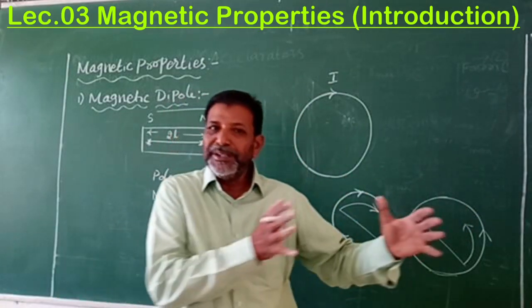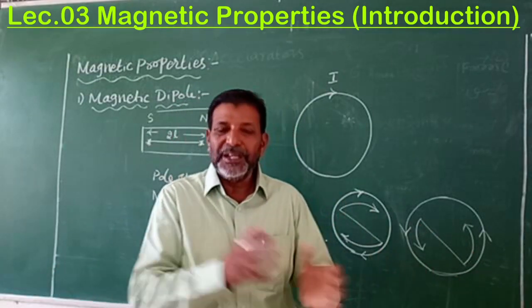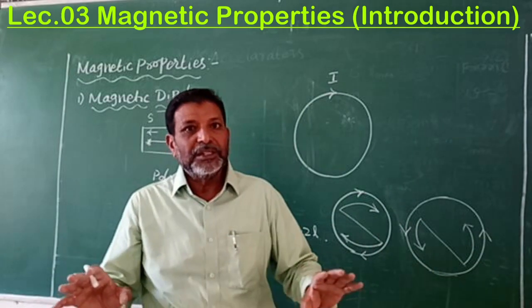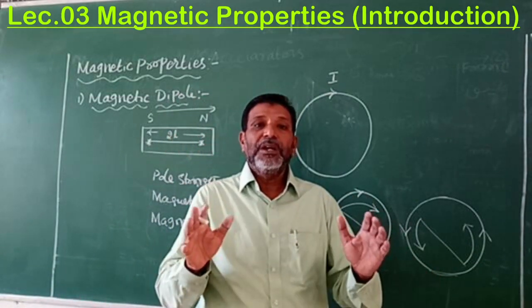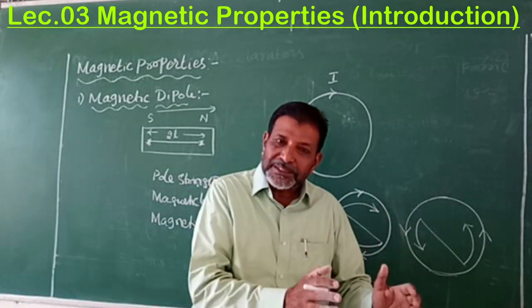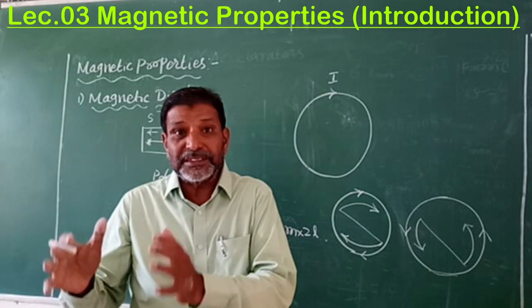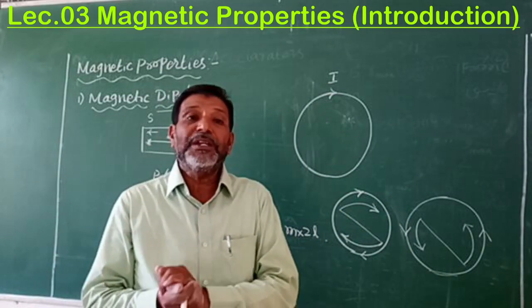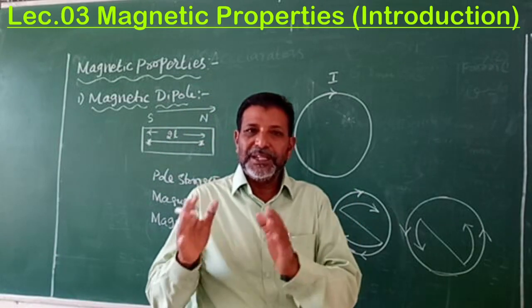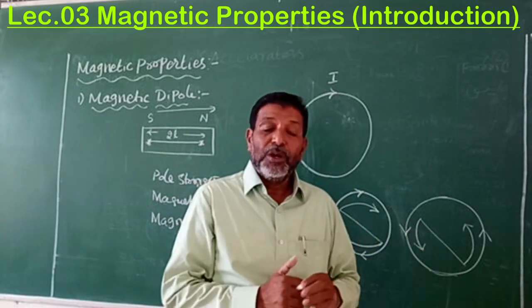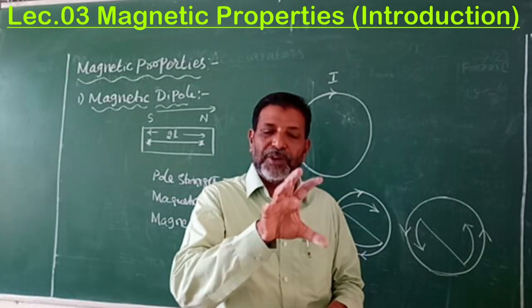Magnetic intensity, electric intensity, magnetic flux, electric flux, like that. In general, whatever properties magnetism has, the same properties are present in electricity also. But there is one difference between electricity and magnetism. This I want to make clear for all of you.